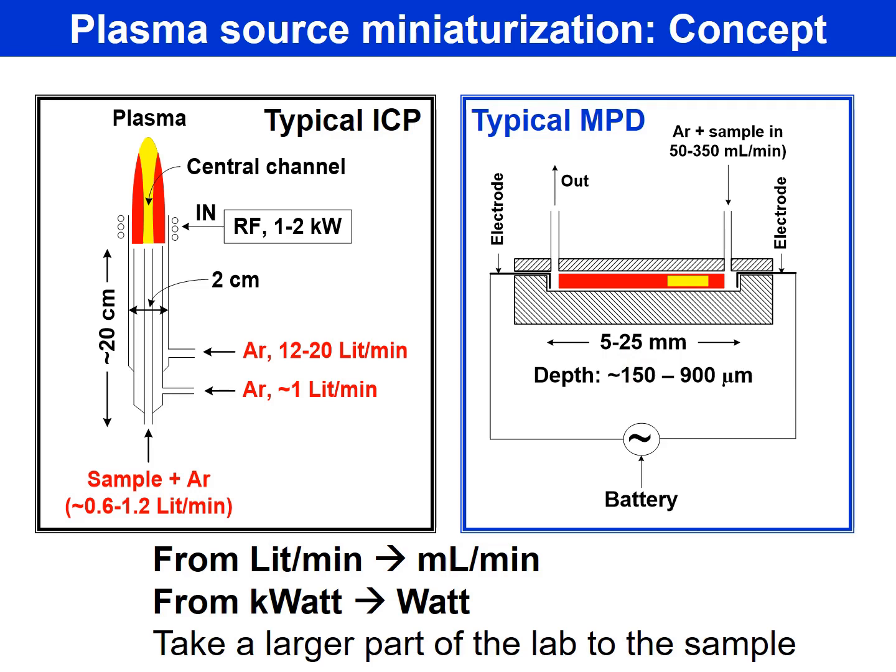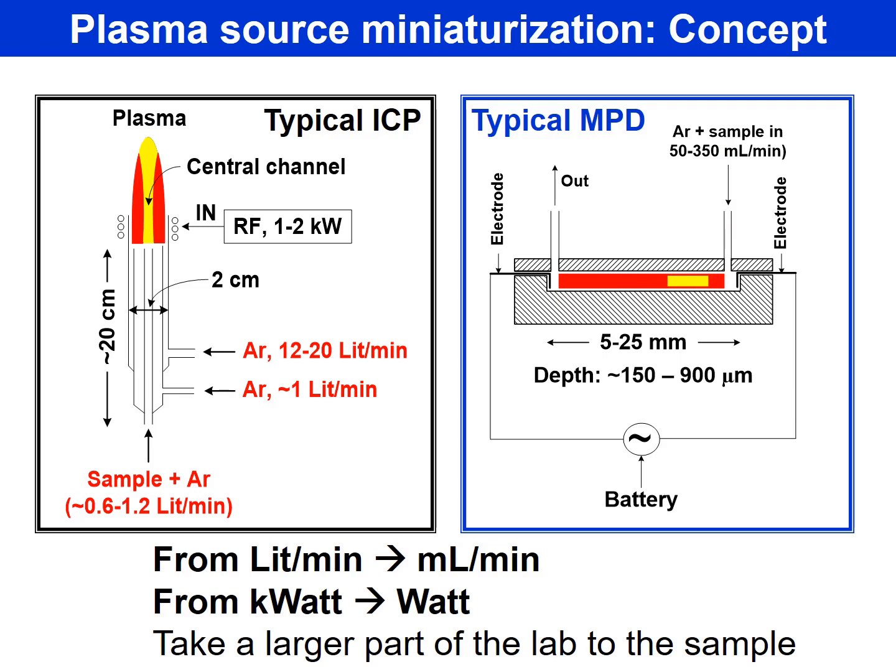The width could be as much as maybe a bit less than a millimeter, 900 micron. The length would be maybe an inch, maybe more. So the sample will come in through here. We're going to apply electrical power from a battery. We're going to convert the DC from a battery into AC, and we're going to strike a microplasma, and we're going to bring the sample through here.